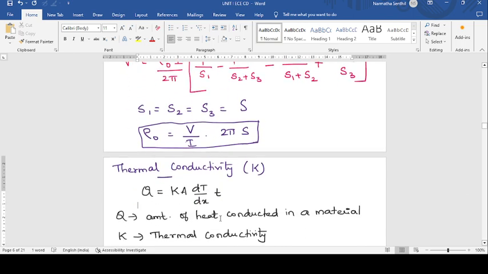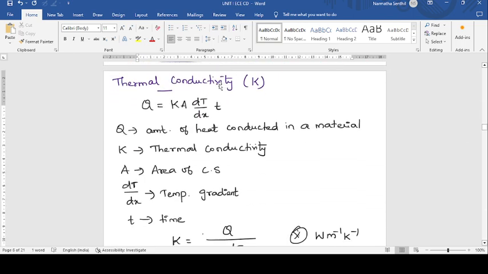Next, we are going to study thermal conductivity. The thermal conductivity is represented by the symbol K. The amount of heat conducted in a material is equal to K A dT by dx into t, where K is the thermal conductivity, A is the area of cross section, dT by dx is the temperature gradient, and t is the time.